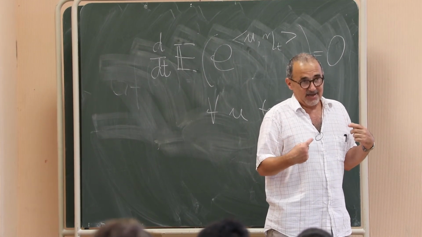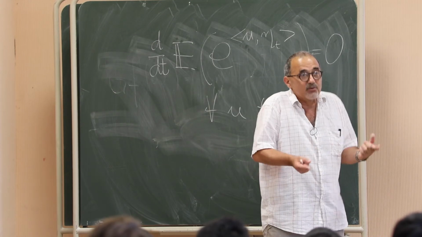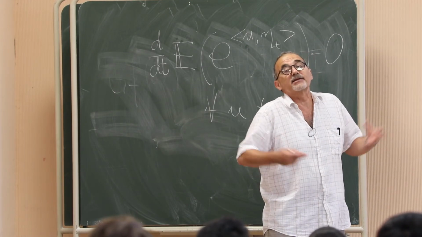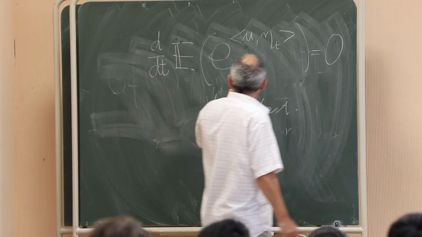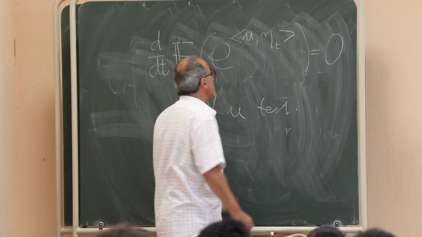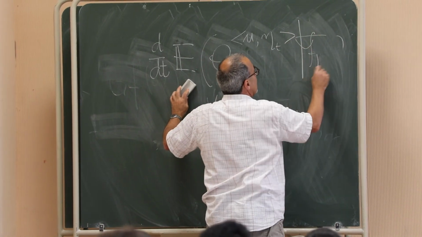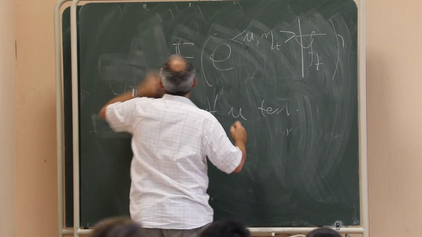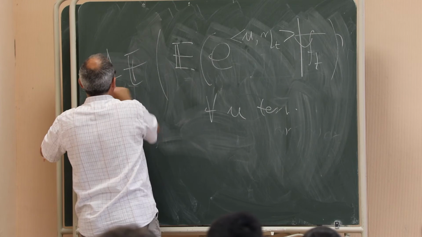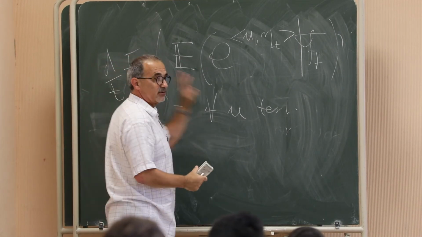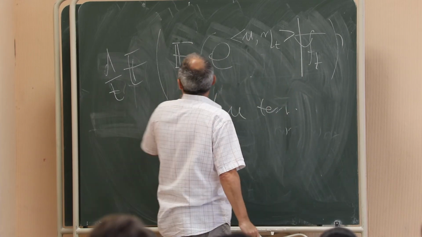So I make an ansatz. I make an ansatz that my measure is Gaussian. I want to try a Gaussian measure with zero mean and some covariance. I compute this in two steps, namely first conditional on F_t and then the expectation, and I will play with this d/dt, pushing it in and out because everything is smooth, right?